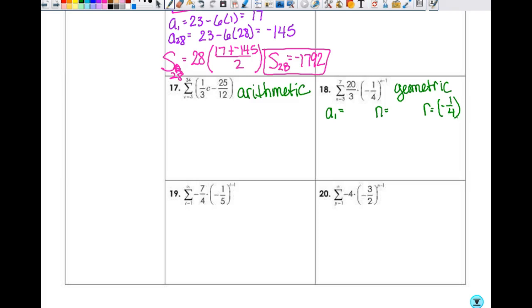It's 5. Subtract 3 and add 1, it is 5. So when I say I want A1, do I really want A1? Not really. What I really want is A3, so I need to find that. A3 is going to be equal to 20/3 times negative 1/4 to the 3 minus 1 power.